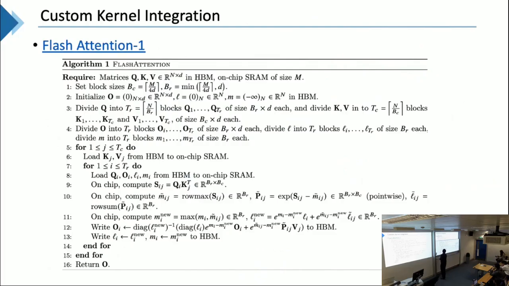And if you look at the for loops, lines 5 and 7, you realize they put the block tiling of the K and V in the outermost loop, which means they cache one key and V block and try to iterate through different Q and output blocks.